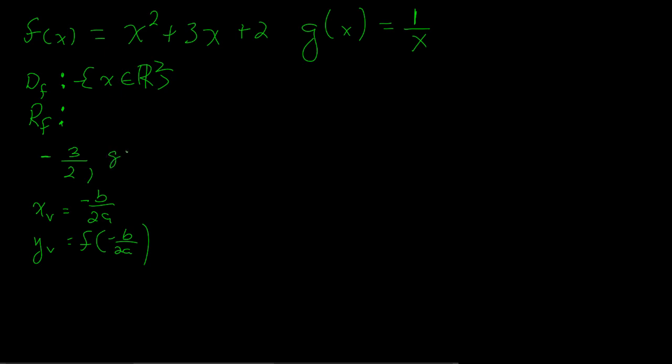I have 8 3/4. Or, well, this is a parabola with a positive leading coefficient, so it's a minimum. So the minimum value, I want to turn this into fractional, so it's 35/4. So x exists in all real numbers such that x is greater than or equal to 35/4.